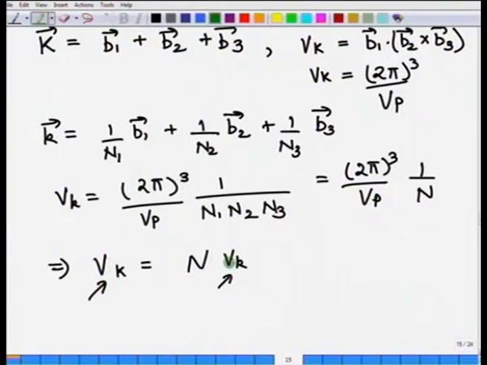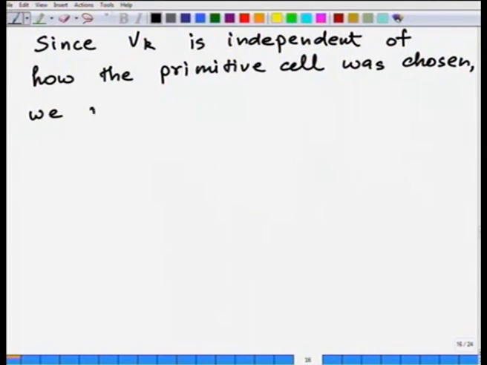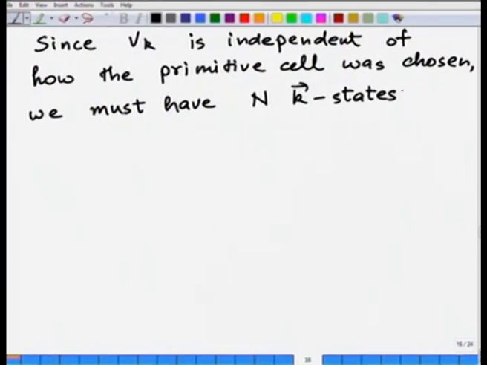This is the volume associated with one k state, which means I should have n k states in the first Brillouin zone. We must have n k states which I can put in the first Brillouin zone.